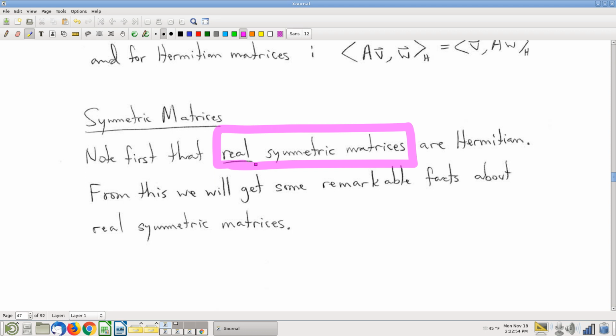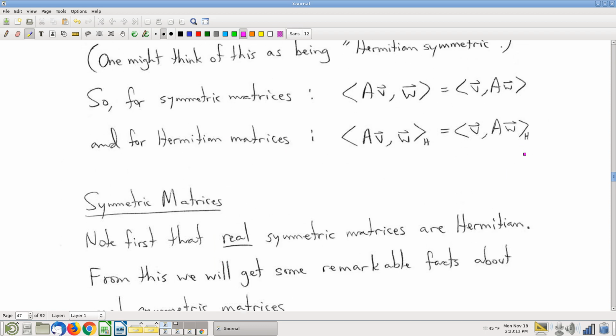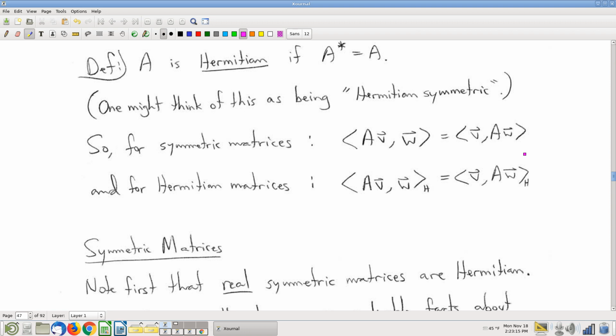Okay. So the Hessian matrix is symmetric. The Hessian matrix is a real symmetric matrix. So, therefore, it's a nice important example of what we're about to study. And it turns out real symmetric matrices have some amazing properties, largely because of the fact that they are Hermitian. It's easy to show that they're Hermitian because, keep in mind, to be Hermitian, you need the matrix to be its own conjugate transpose.